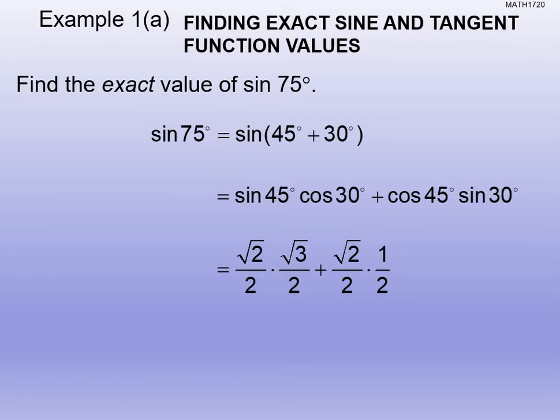So, doing some basic algebra there, square root of 3 times the square root of 2 is square root of 6. 2 times 2 is 4. Plus square root of 2 times 1 is square root of 2, over 4. And since they both have the same denominator, we can write them as one expression: square root of 6 plus square root of 2 over 4.